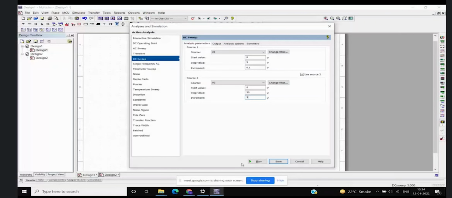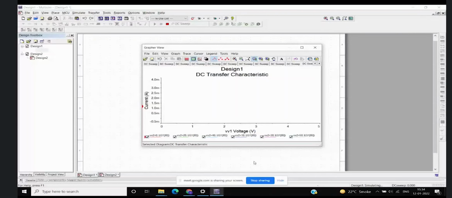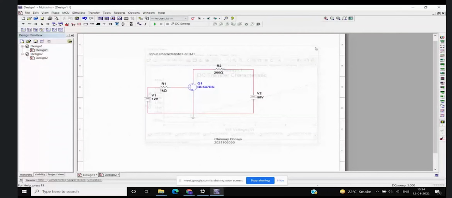Now run it. Why is it slow? Okay, close this. V2, V1. Okay, again open the DC sweep.